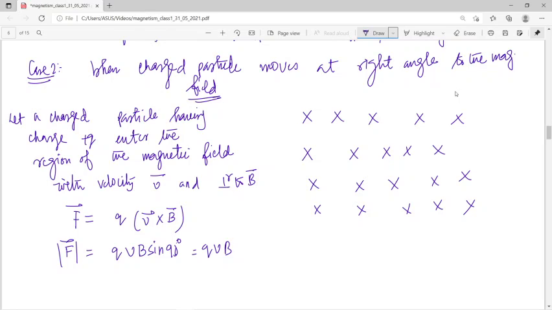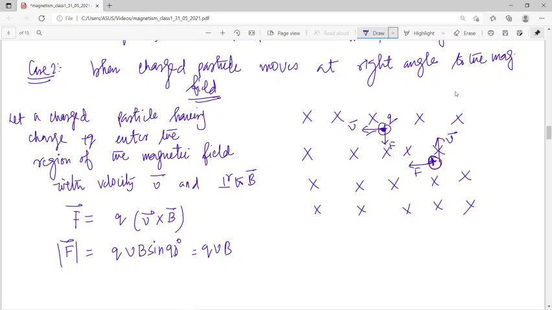That means if m is the mass of the charged particle and r is the radius of the circular path, then the necessary centripetal force required by the particle to move in a circular path is mv square by r. Because what will happen here: say there is a positive charge, the force will be acting there and the velocity will be acting like that, and when it moves to this point, the velocity will be directed like that and the force will be directed like that.